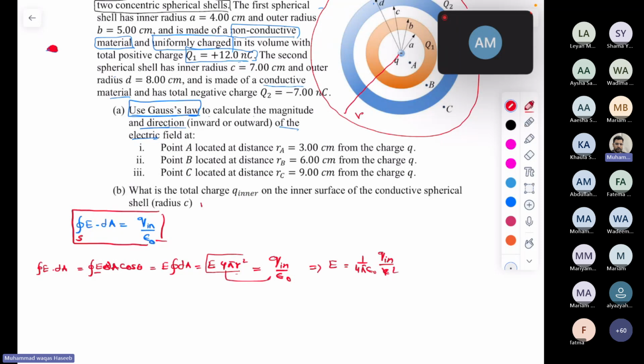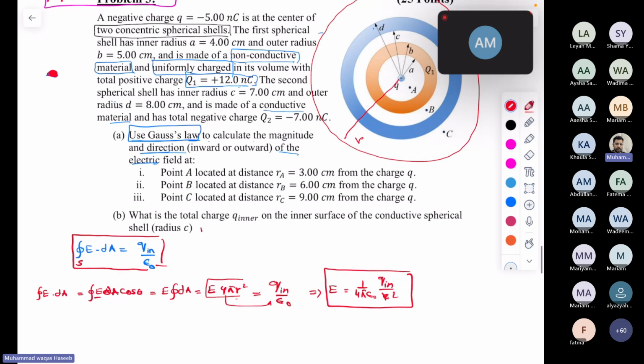So we divide over here and you will get the electric field. So this is the total electric field, and Q inside has this.